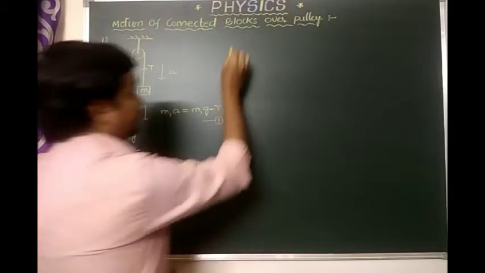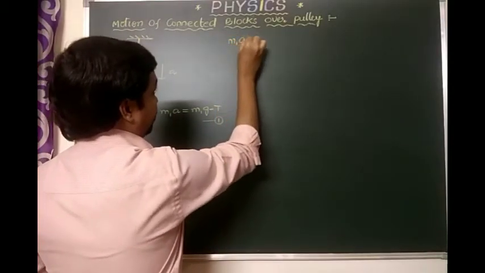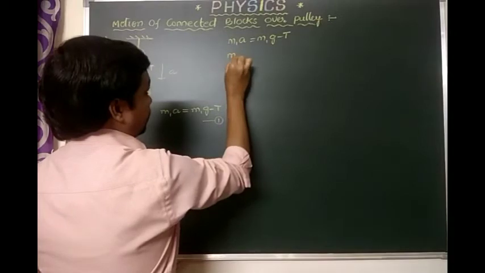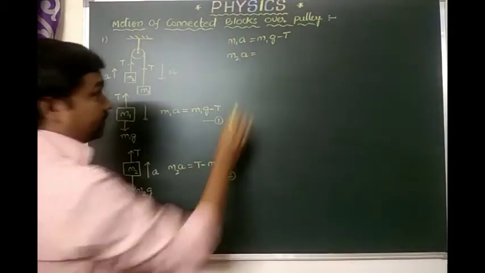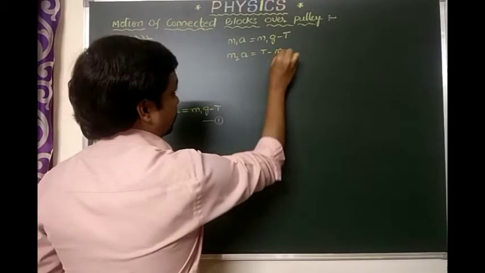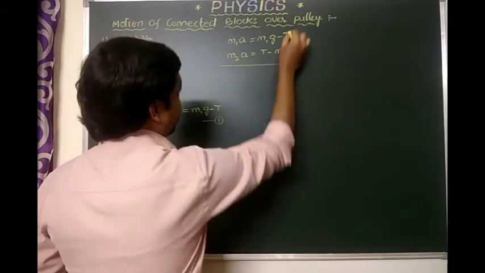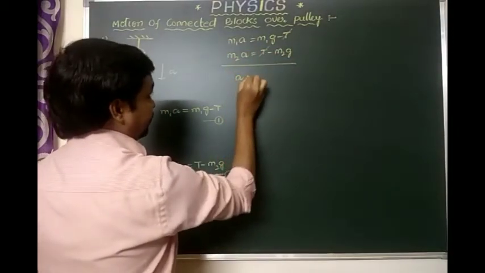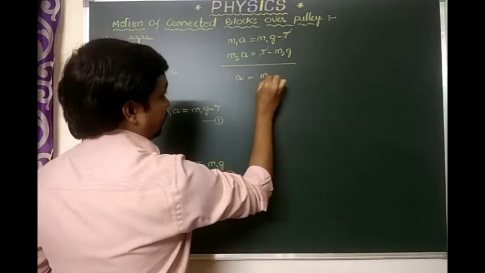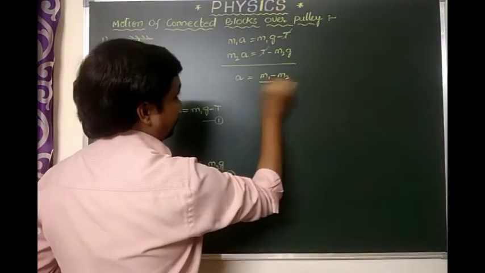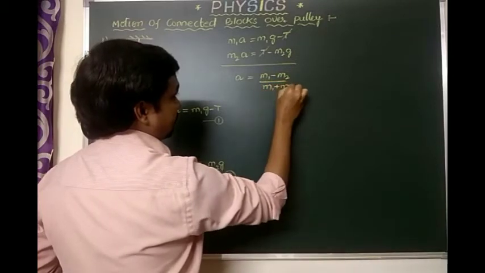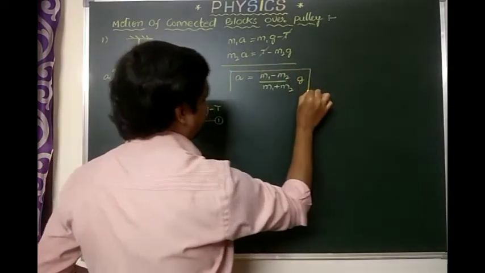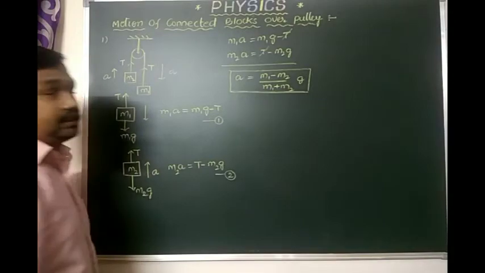So m1a equals m1g minus T, and m2a equals T minus m2g. Adding both equations, tension gets cancelled, so acceleration a equals (m1 minus m2) divided by (m1 plus m2) into g. This is the formula for acceleration.